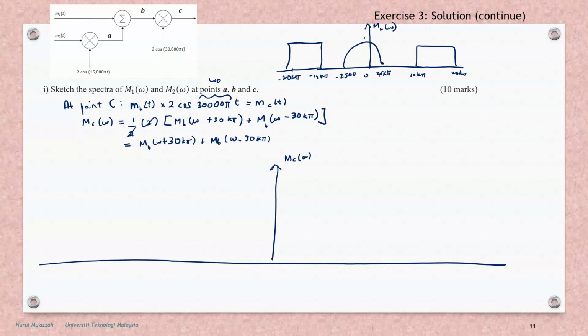It asks you to sketch the spectra, or sometimes to express graphically, which is to sketch. First we take this part. Remember that all three parts of the signal will be doubled. So the first part, the dome signal, will be shifted by 30k pi and negative 30k pi. What matters here is the origin, negative 30k pi and 30k pi.